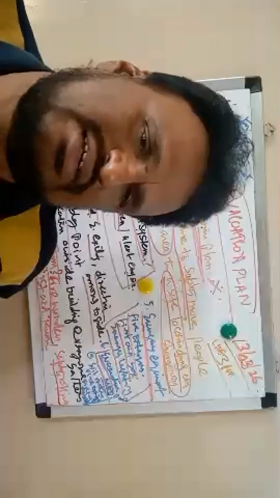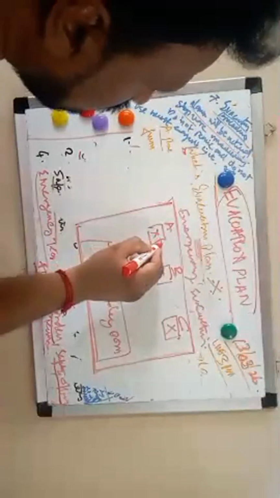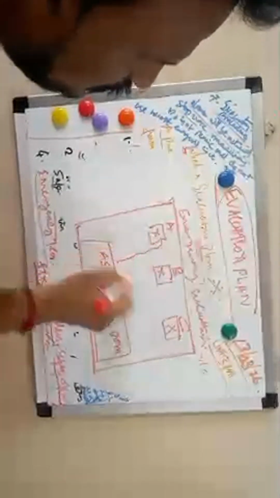You just imagine somebody's point. So A building, B building, C building. In these buildings, everyone has to reach the assembly point.